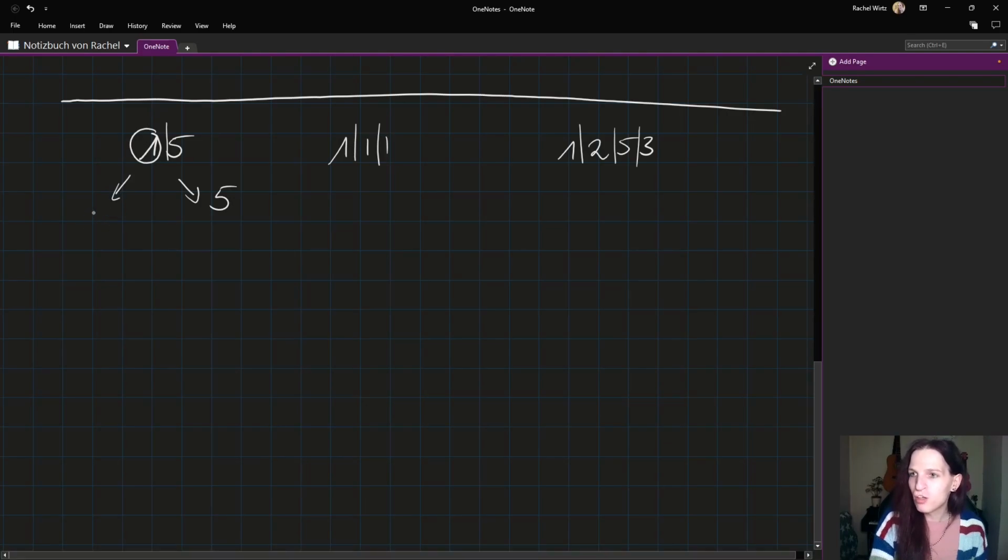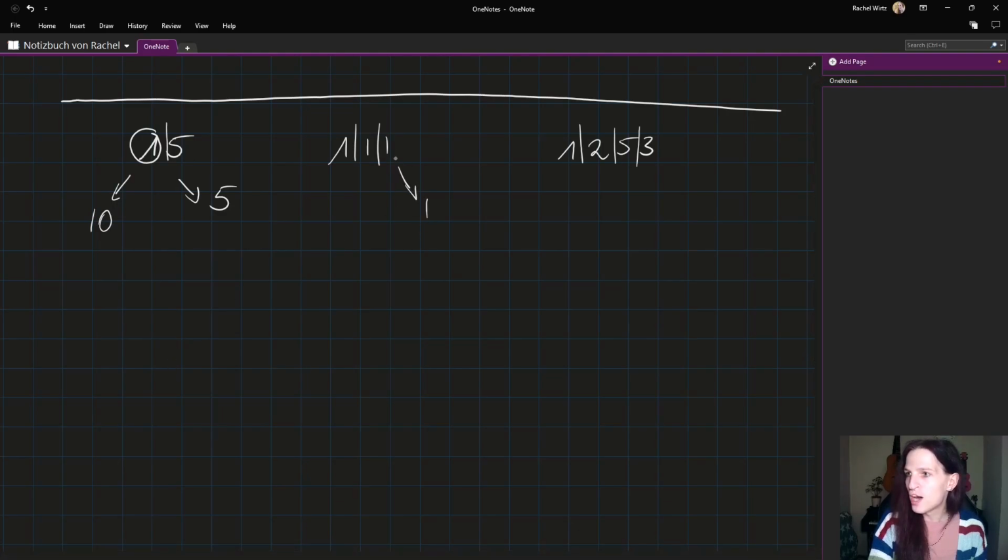So this represents the number 10. Then we have a 10, and then a 100.